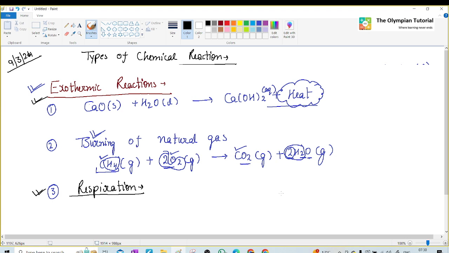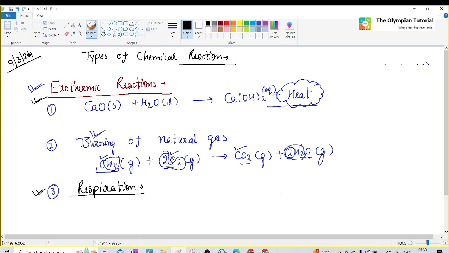Actually, respiration is a process in which glucose present in our body combines with oxygen, giving carbon dioxide, which we exhale, and energy. It reaches all our body. Are you getting? Yes, ma'am.